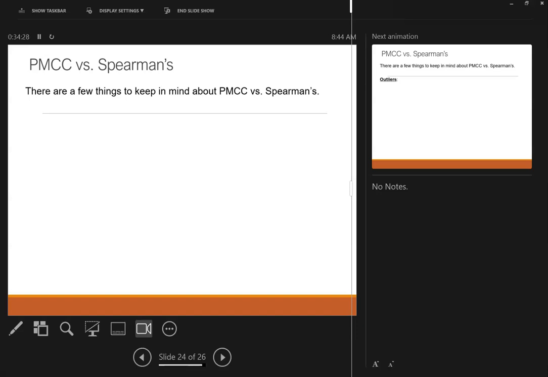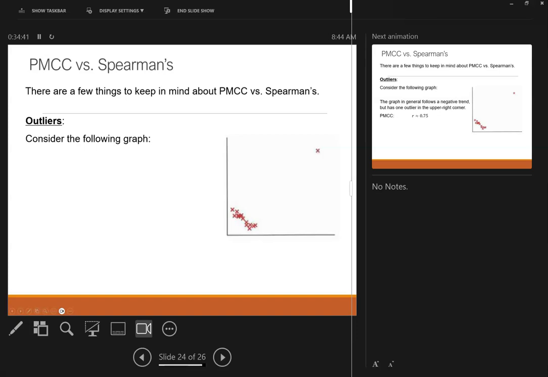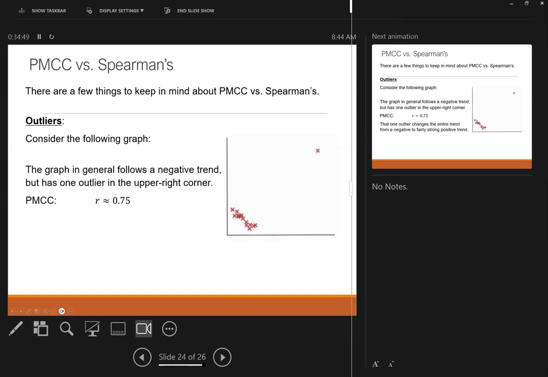All right, so let's summarize here. We have 2 statistics we talked about today, the Pearson product moment correlation coefficient and the Spearman's statistic. So in outliers, we have a graph like this. That's a huge outlier, right? Both in the x direction and in the y direction.